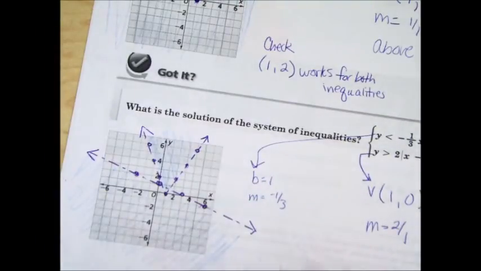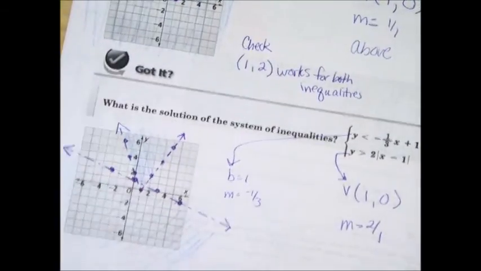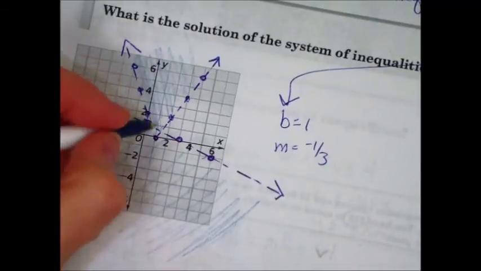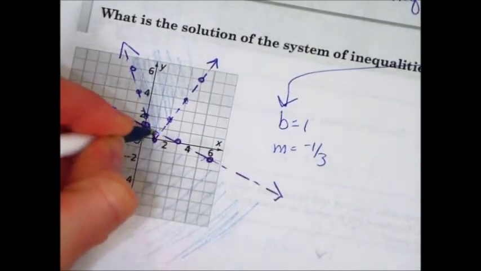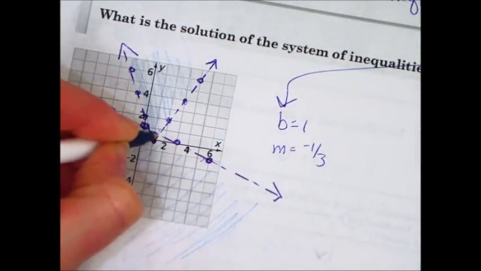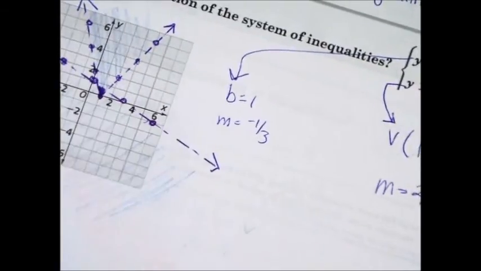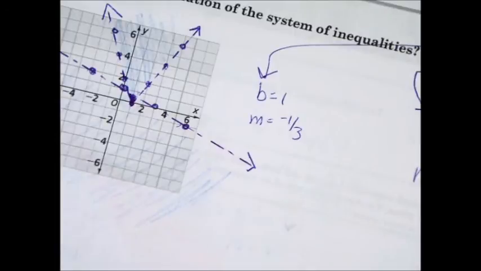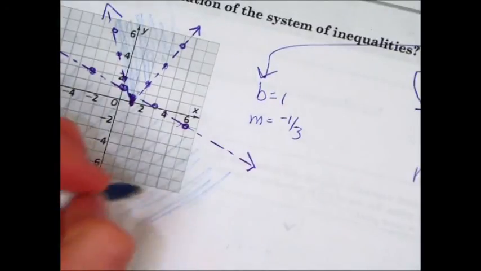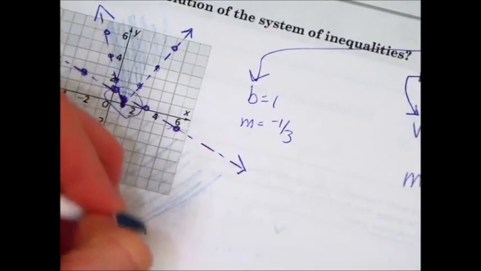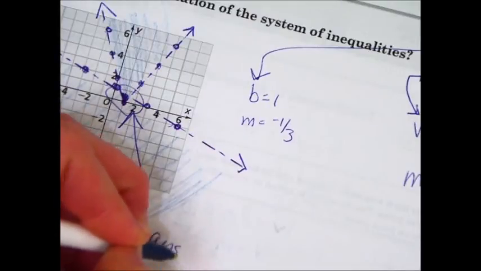Look how tiny this little answer is. It's just this little itty bitty shaded area inside where the shading overlaps, which would be right in here. That's it. It's that little itty bitty area inside. So you can write here, it might be beneficial for you to say, or circle it, the answer's in there.